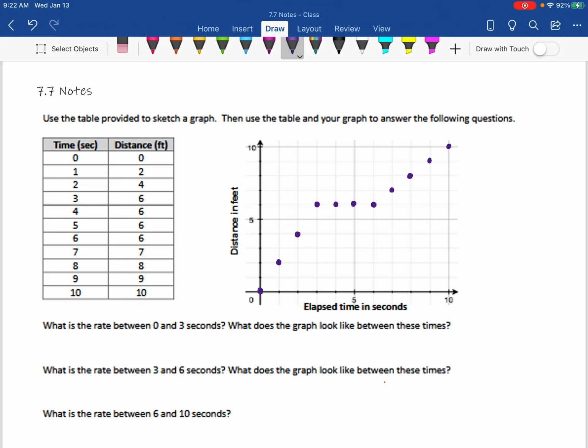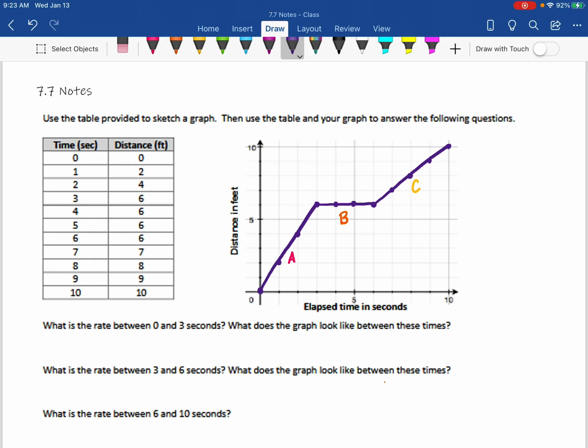Okay, and I'm just going to connect these with a line. It's pretty clear that we have 3 different segments, which indicate 3 different movements. Okay, and I'm just going to go ahead and label them A, B, and C.